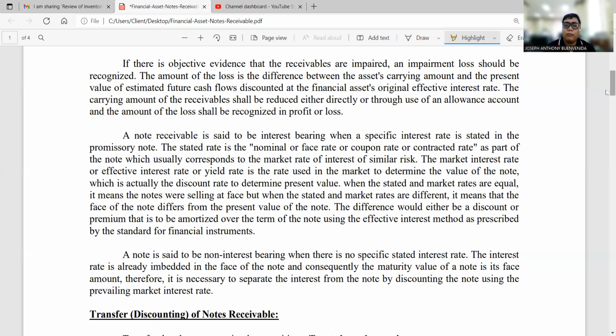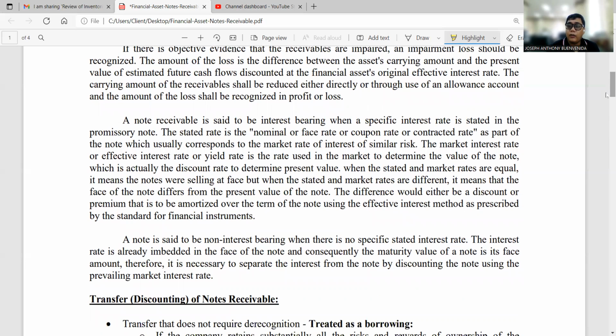But non-interest bearing does not mean there is no interest at all. It is imputed, so the interest is already included in the receivable itself. That is how we determine if it is interest bearing or non-interest bearing. But the treatment later on is different, of course, in using the present value.